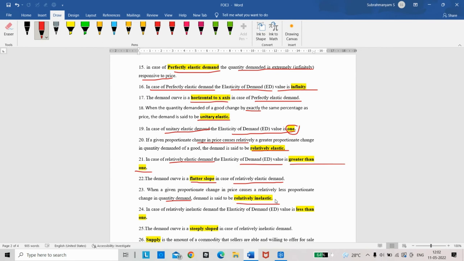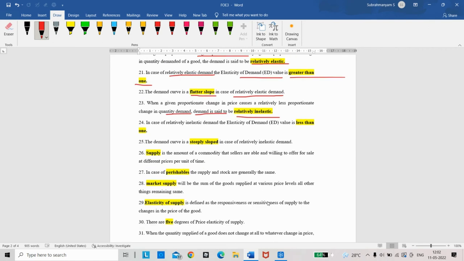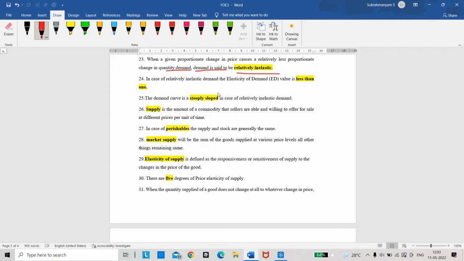This is said to be relatively inelastic.